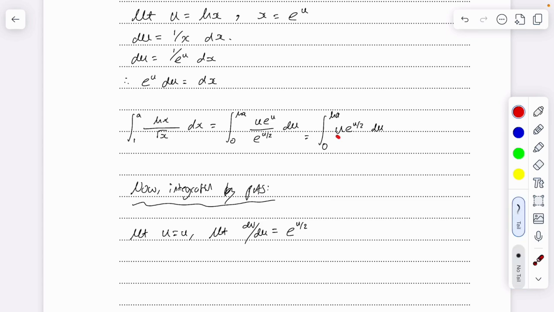So u equals u, dv by du equals e to the u over 2, and therefore v is going to equal 2e to the u over 2. Now we've just made this whole process 1,000 times easier for ourselves.